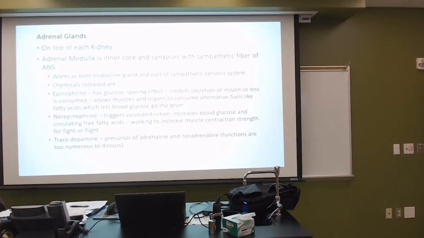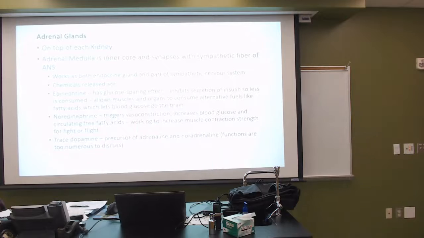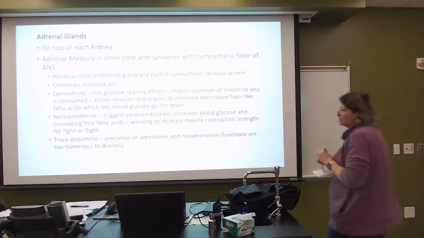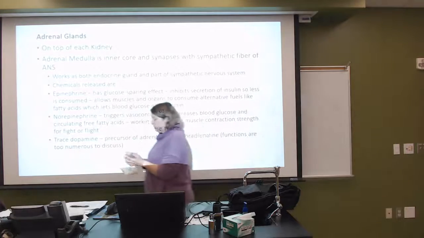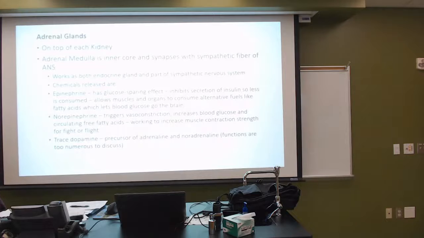The adrenal glands. We've got one on top of each kidney. A lot of people tend to think they're one and the same, but they're not, okay? They do depend on each other, okay? The kidney depends on the adrenal gland depends on the kidney, okay? But this is our adrenal gland.